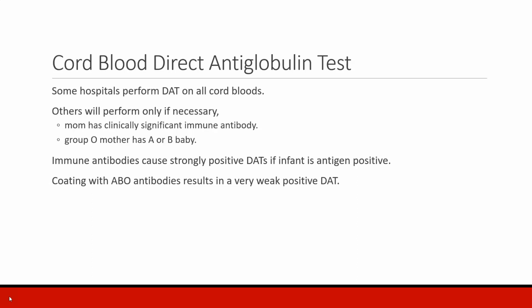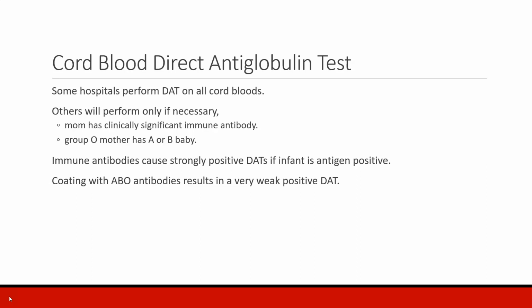So I want you to know this. ABO, very weakly positive DAT, 1+ or less. Usually you can see it macroscopically, but sometimes you can only see it microscopically.